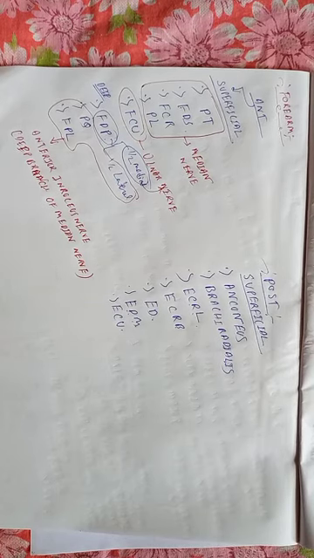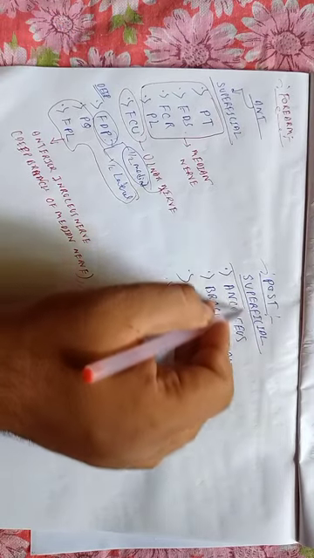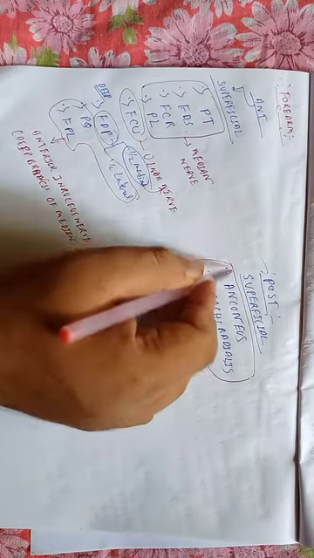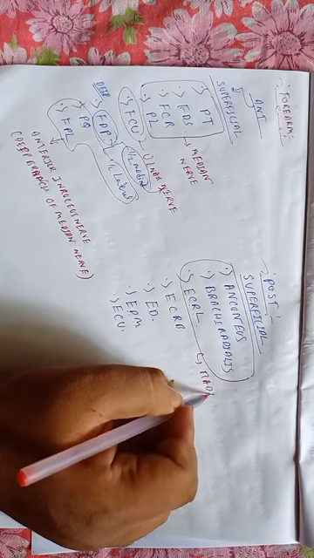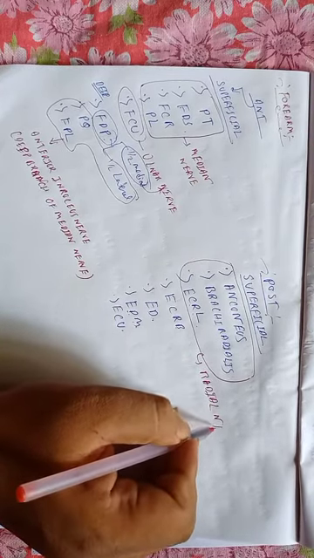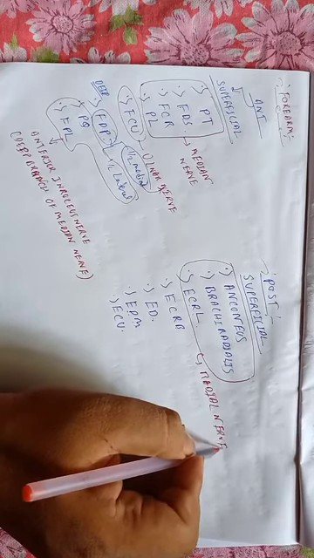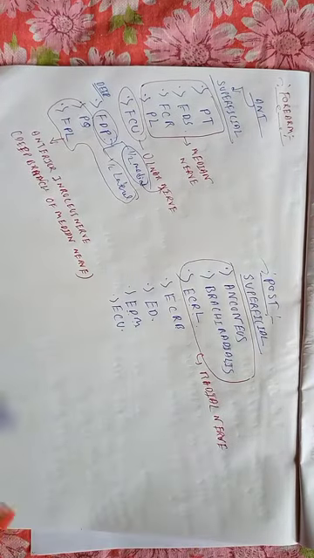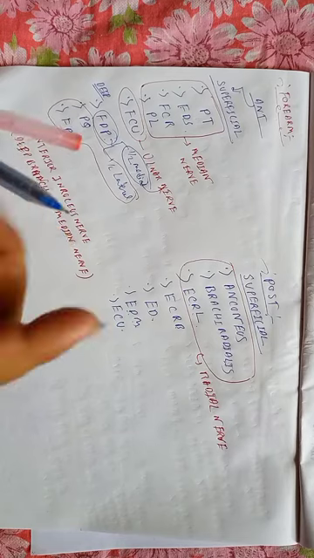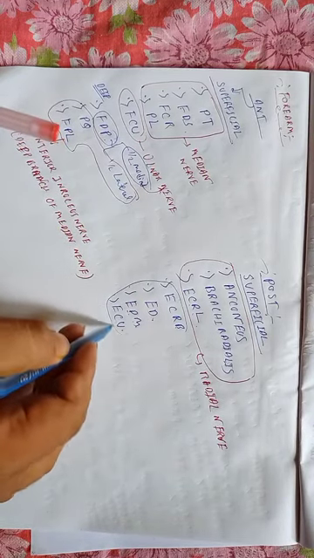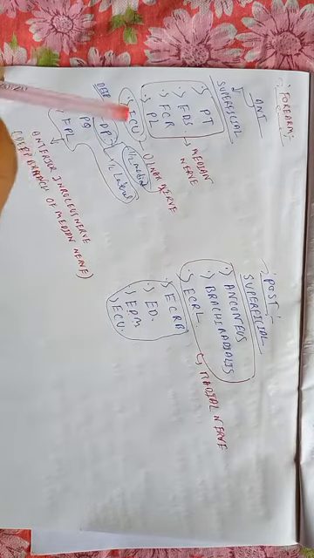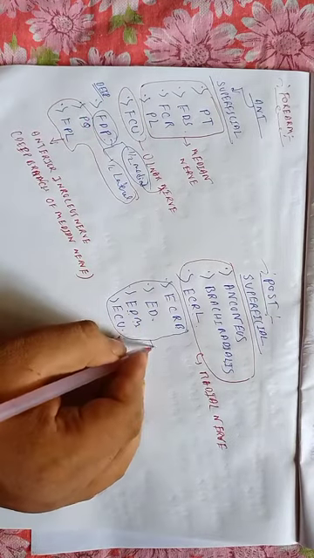Now, these first three muscles will be supplied by whom? By the radial nerve. Now all the other muscles, except these, will be supplied by whom?